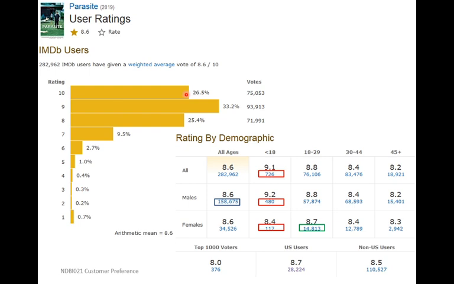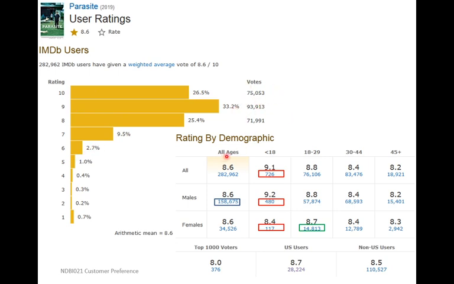So probably users are more used to this diagram. So you see the 10-star rating was given by 26%, 9-star was the most frequent one, and then 8-star, and then we see that these low ratings were not so much present. We see also the number of votes for this.